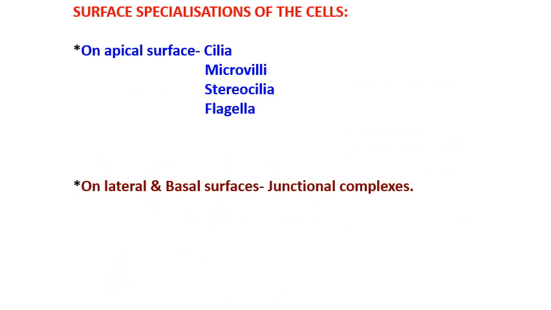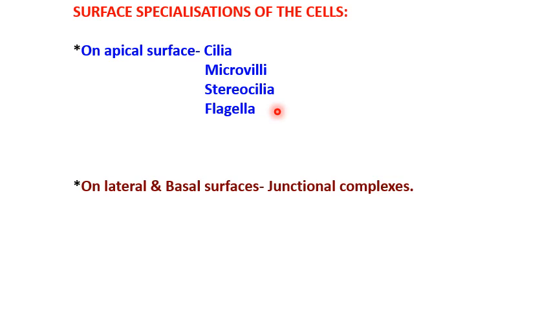Coming to the surface specializations of the cell, the only surface which is left free is the apical surface. On the apical surface, we find cilia, microvilli, stereocilia and flagella as modifications or specializations.